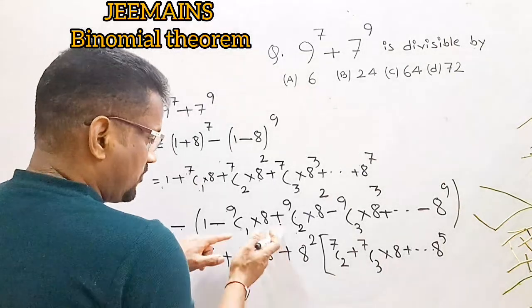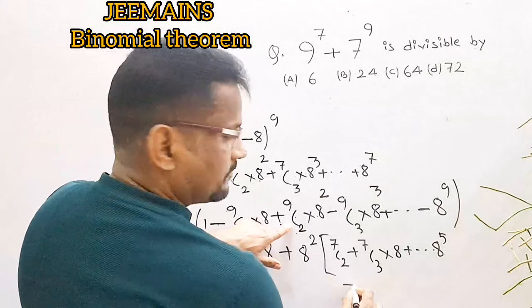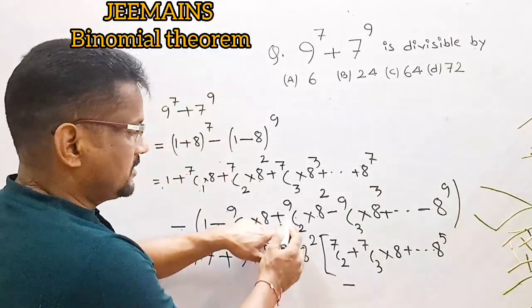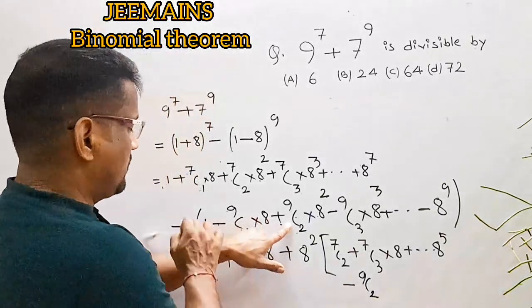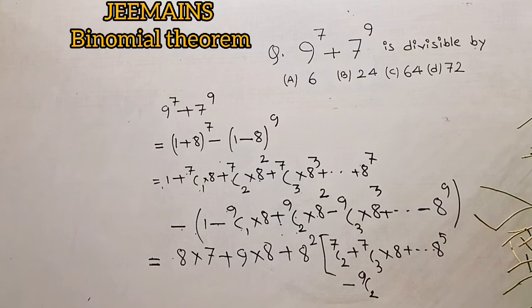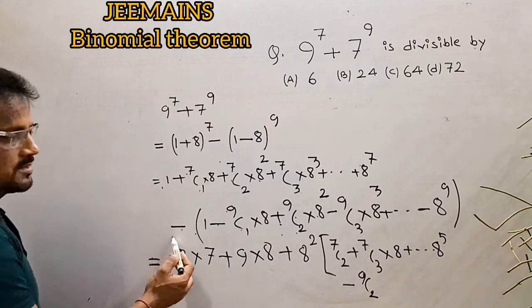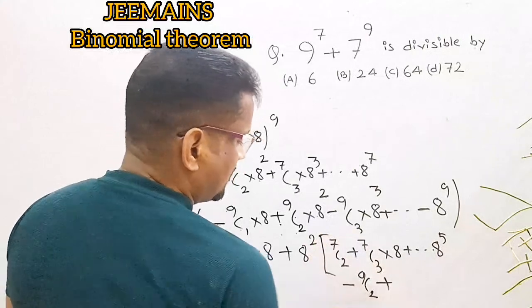Now from here, the rest of the terms you can write: it is minus 9C2, 8 square common, so only 9C2 is there. So minus minus that will be plus. Then this minus and this minus will be plus. And that's why here what will come?